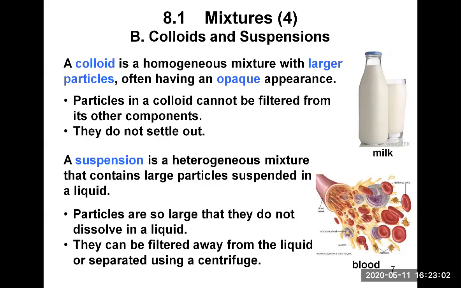So whenever you have blood drawn from your body, it's put into a tube that is placed in a centrifuge. And then the centrifuge, with the speed, accelerates the settling down of the heavier particles to the bottom, and the lighter particles will stay on top.